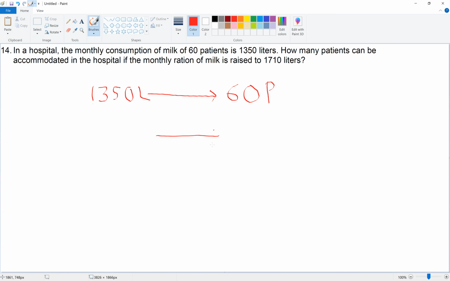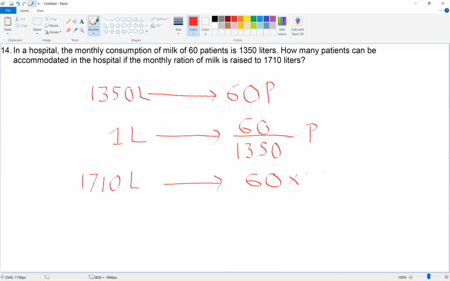So then for 1 liter it would be 60 over 1350. And then on the left I put 1710, and then 60 over 1350 times 1710. And then I got 76. 76. Yeah. Any question, anybody, please stop me, okay?